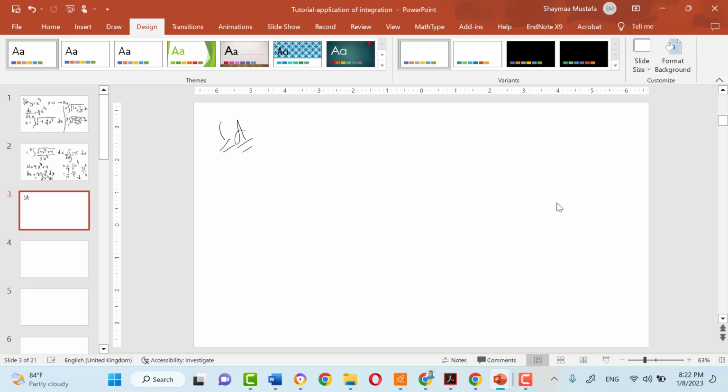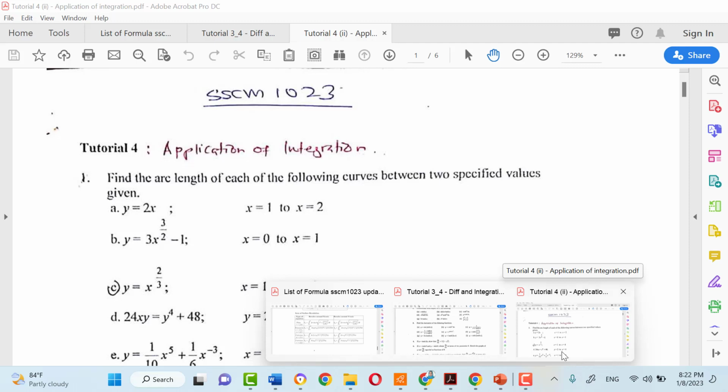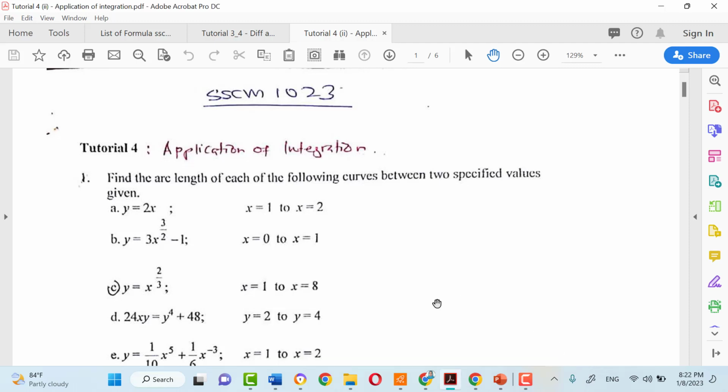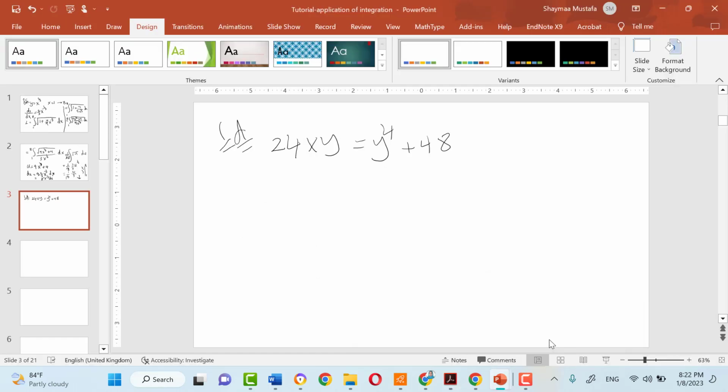Here we have this curve, 24xy is equal to y to the power 4 plus 48, and we have y from 2 until 4. We need to find the arc length.